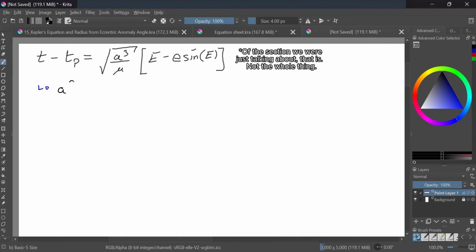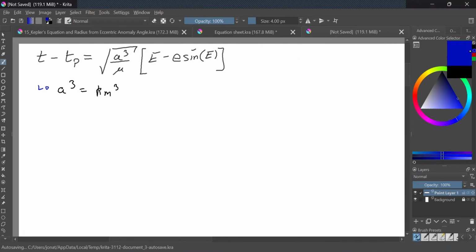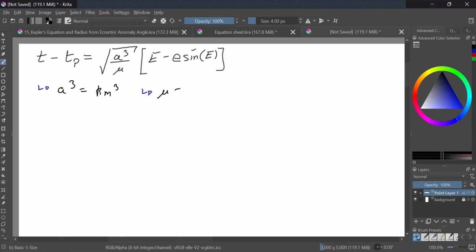So we have a cubed, which is kilometers cubed. And we have as well mu, which is kilometers cubed over seconds squared. And in the context here of the square root of a cubed by mu, we have kilometers cubed by kilometers cubed over seconds squared.